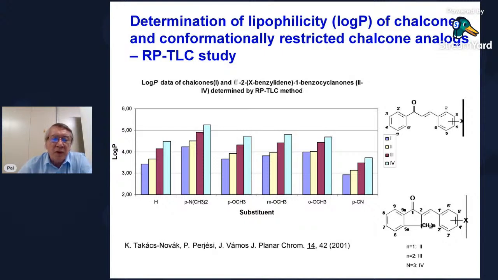So, for example, if you compare the log P values of the unsubstituted derivatives, we can see that the lowest log P value can be found in the open chain compound, and the log P values of the 5-membered, the 6-membered, and the 7-membered ring derivatives are continuously increasing. Such an increase could be observed in all the investigated substituents.